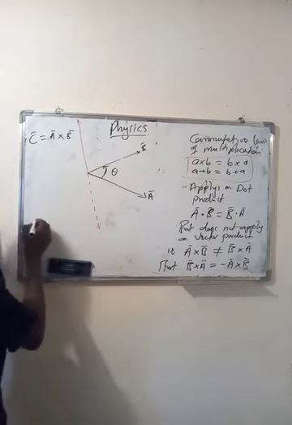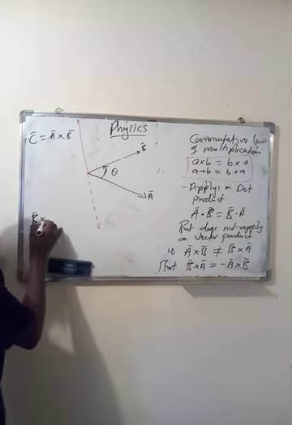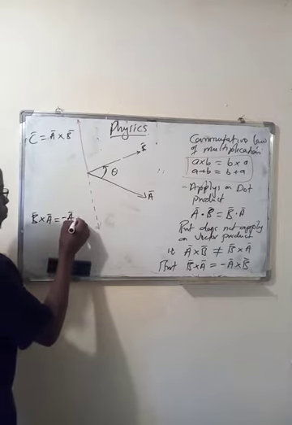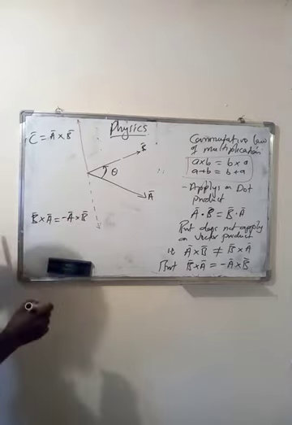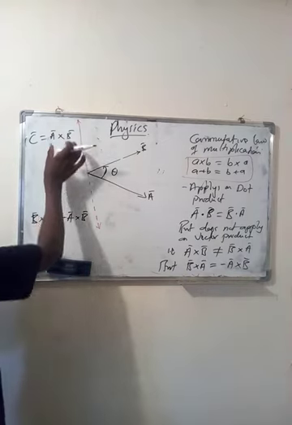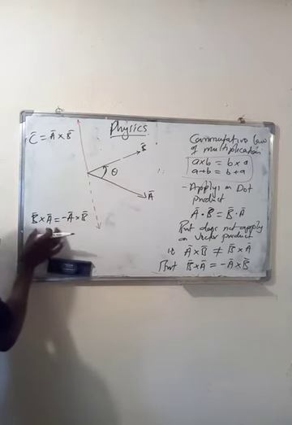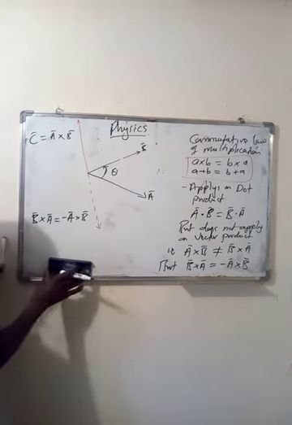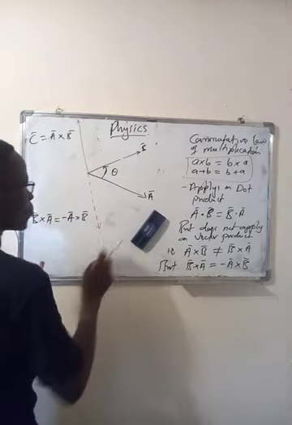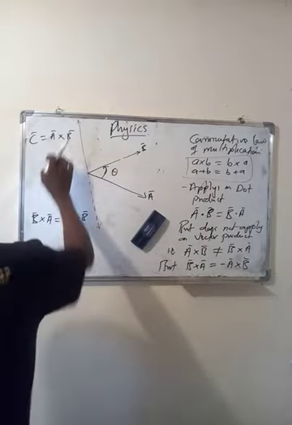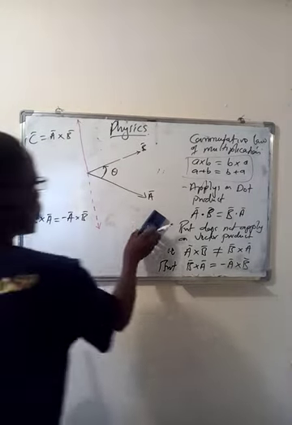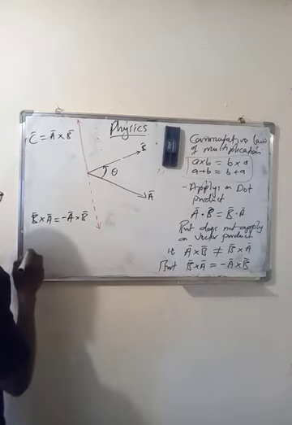So this is going to be B multiplied by A, which is the same as negative A multiplied by B. And these two vectors, A multiplied by B and negative A multiplied by B, which is B multiplied by A, are equal in magnitude but opposite in direction. So I want us to write this.